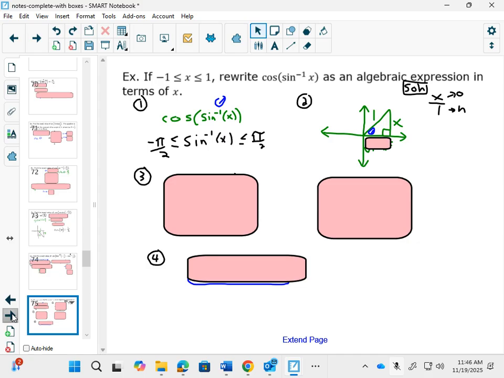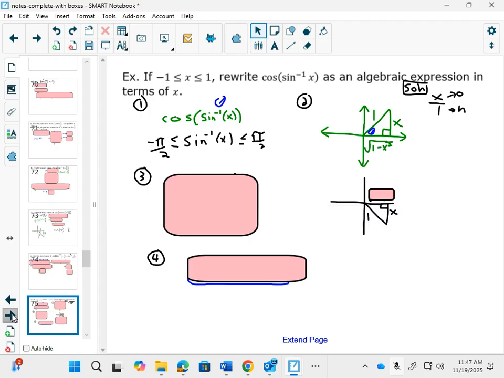If you did a squared plus b squared equals c squared, this side would be the square root of 1 minus x squared. If it was in quadrant 4, because x could have been negative, you would also solve a squared plus b squared equals c squared and get the adjacent side to be the square root of 1 minus x squared.